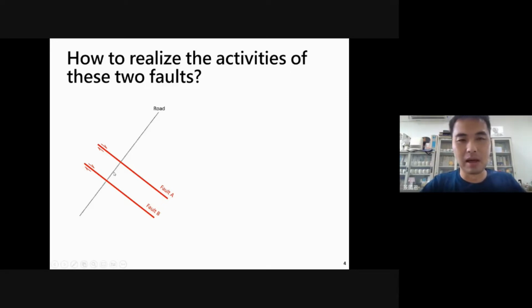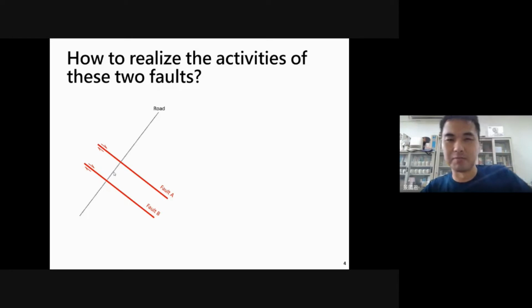So for this purpose, we have to understand the activities of these two faults. Then how do we know the activities of these two faults?